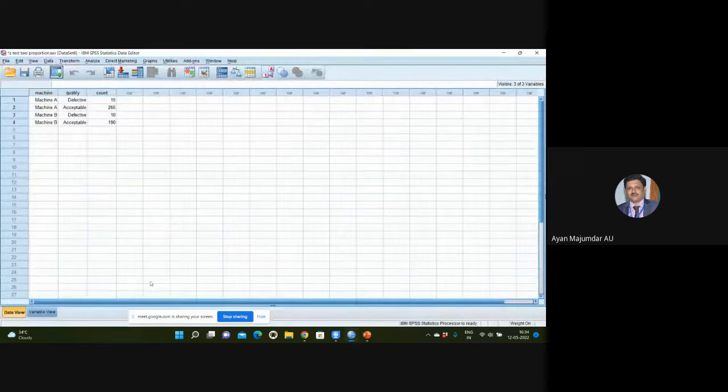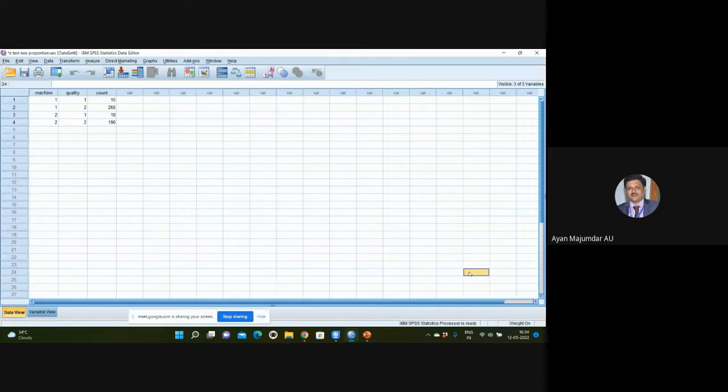So the data is plotted here. Machine A is producing defective and the good ones, let us call them acceptable, and machine B likewise.